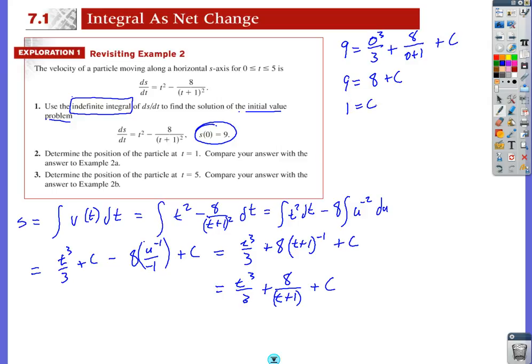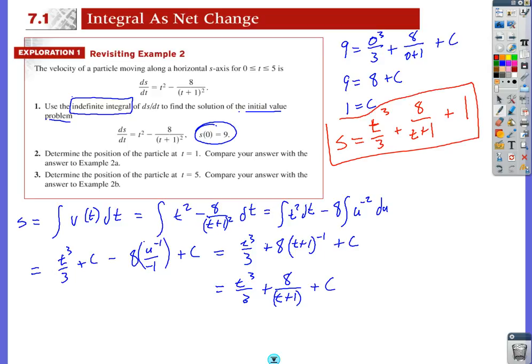That's amazing. So what can I do from here? Oh, then I have my formula. And this is what's really amazing about this, is that I no longer have to integrate. I just integrate that one time. I find out that my formula is t cubed over 3 plus 8 over t plus 1, plus 1.